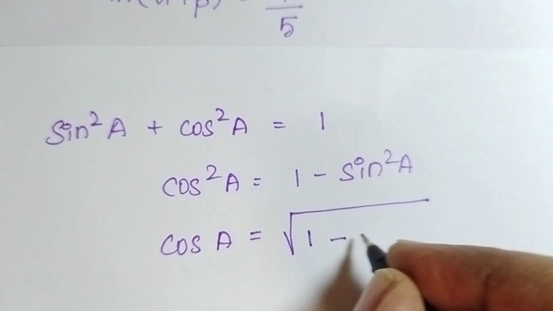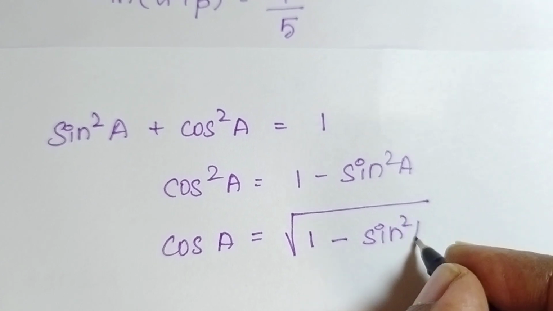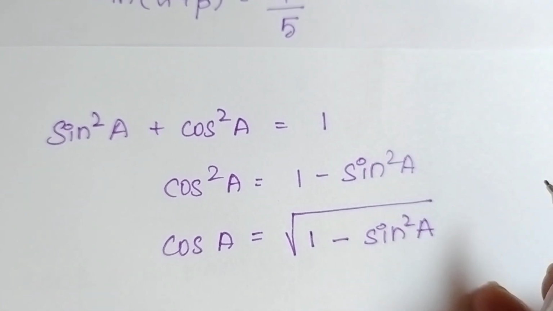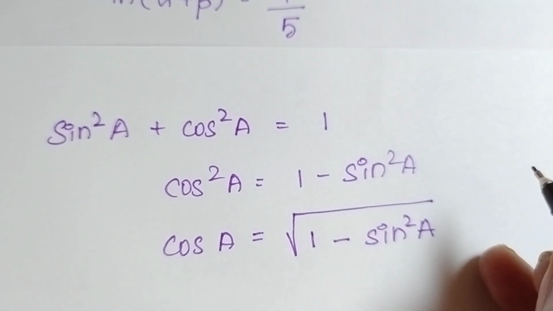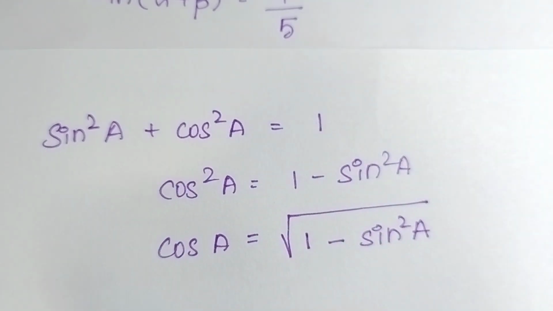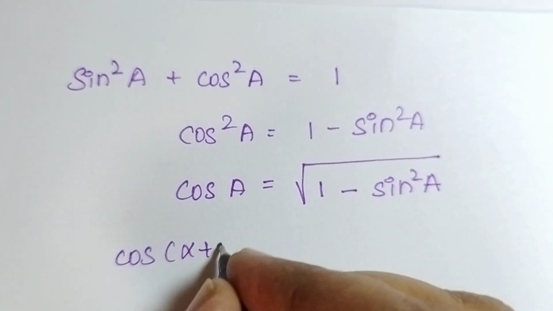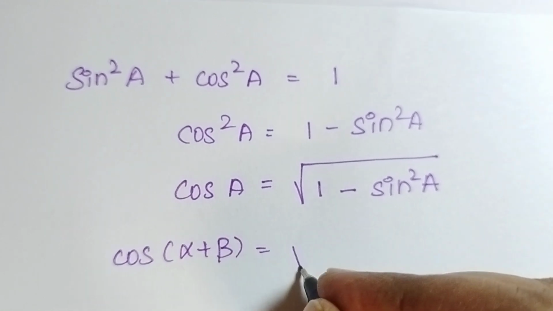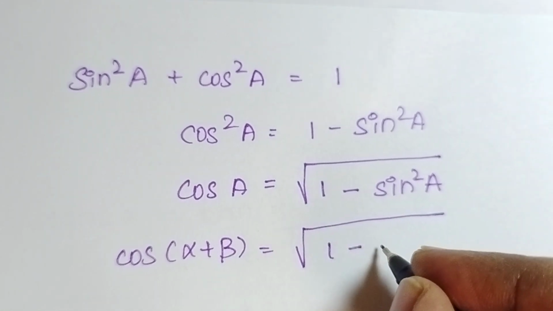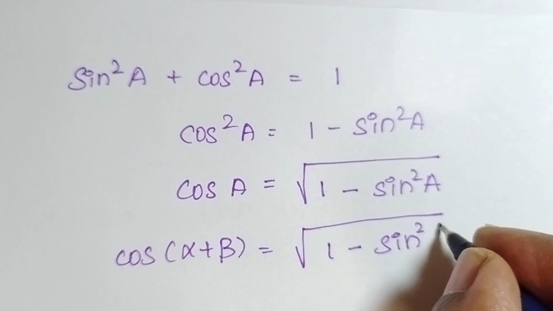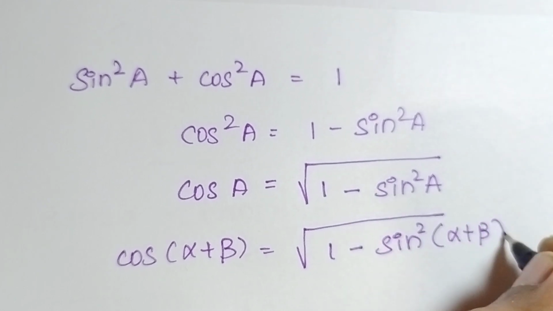Therefore the formula is cos A equals root of 1 minus sin square A. Now replace A by alpha plus beta. So cos of alpha plus beta is equal to root of 1 minus sin square of alpha plus beta.